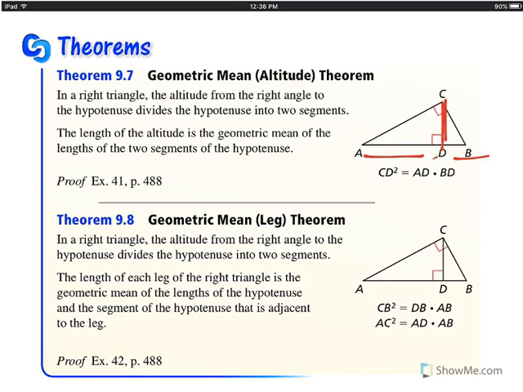On the leg theorem, my long leg squared is equal to my long piece of my hypotenuse times the whole thing. And the short leg squared is going to be equal to the short piece times the whole thing. Okay, I know that might be a little confusing, but let's try an example.